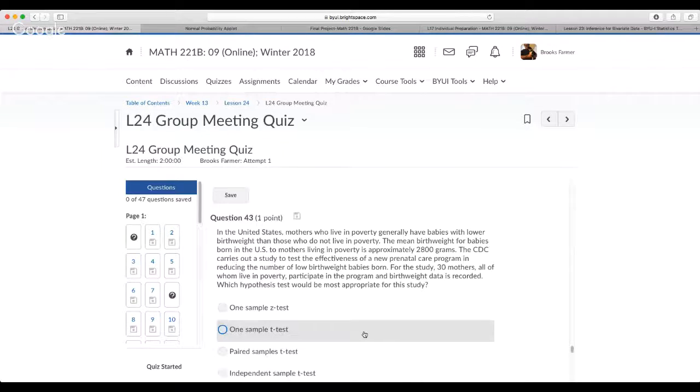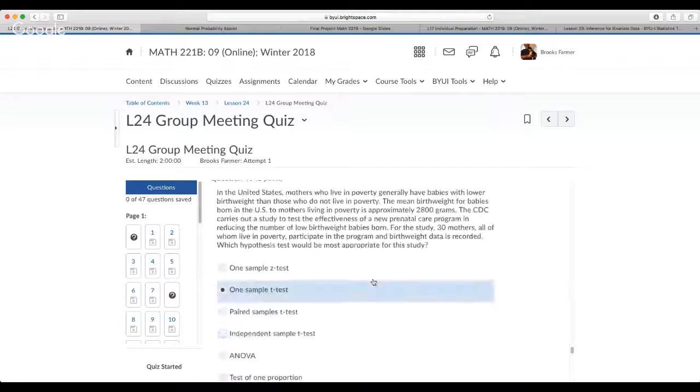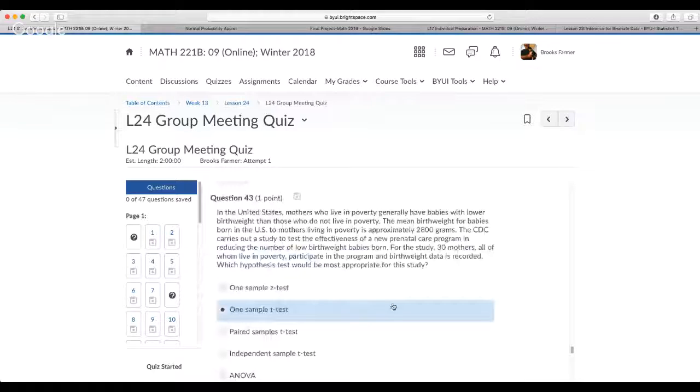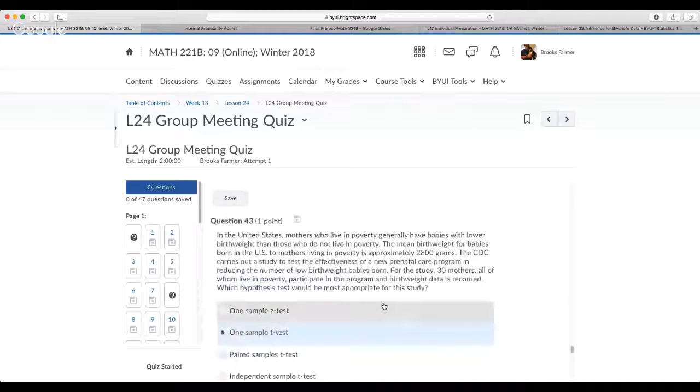The difference between the T and the Z test is that the Z test gives you the standard deviation, but the T test is when you don't have a standard deviation. Yes, that's right. It's going to be a T test because it's one sample, and they don't have a standard deviation. It's not paired because they're not dependent on one another. And this is a mean, so it can't be a proportion or anything like that.